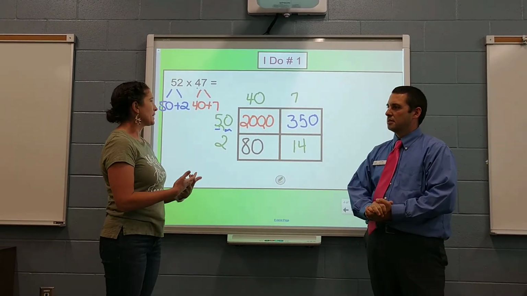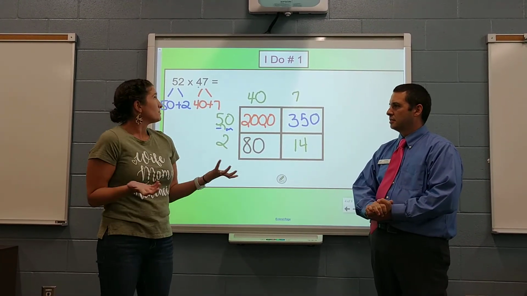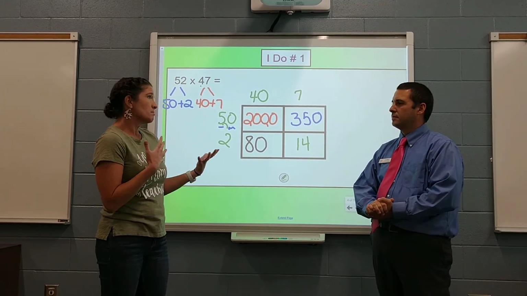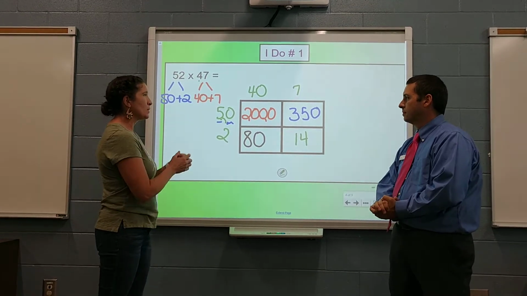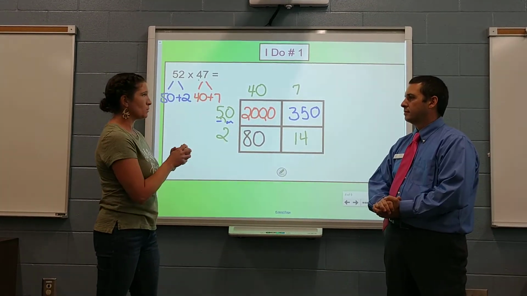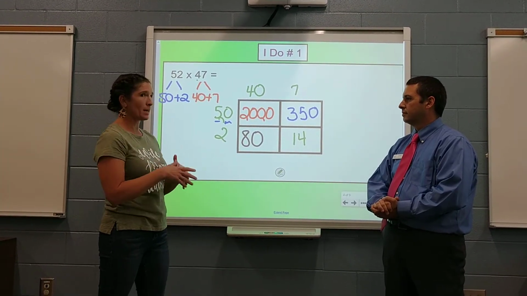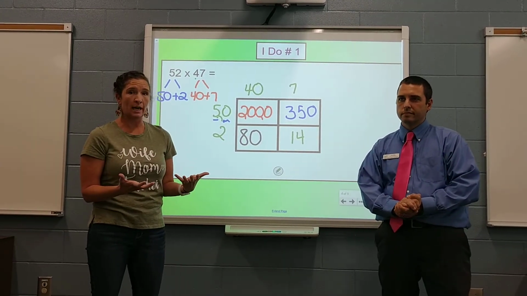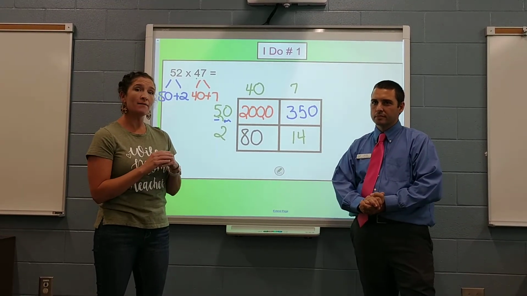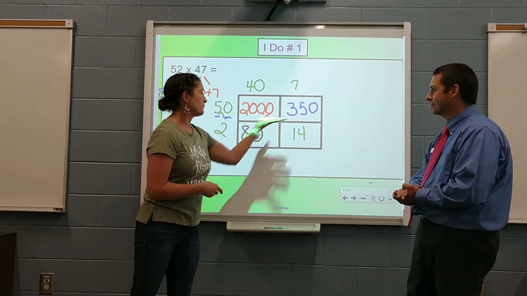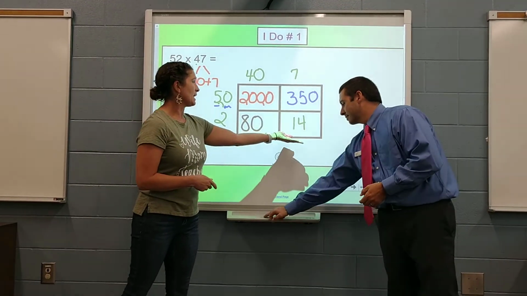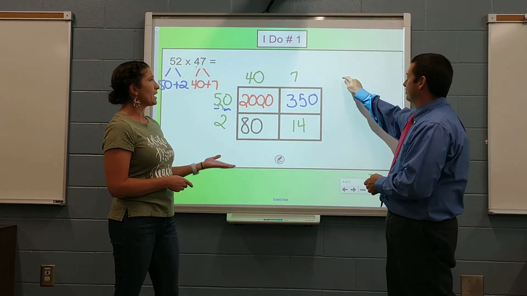When we do a standard algorithm, then we would add together, right? But here we're using an area model. So these are partial products. What do I need to do with a partial product? I need to add them all together in order to get my final product. So I have 2,000, 350, 80, and 14. And so we just need to write those.